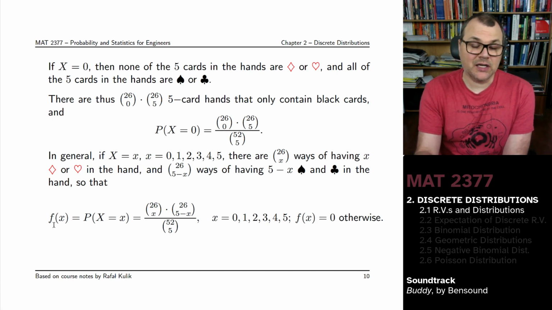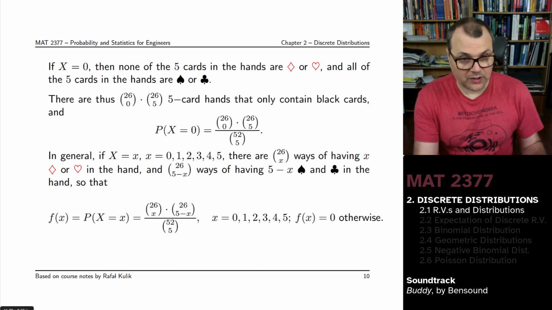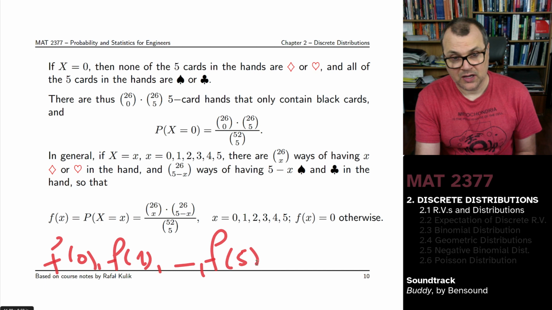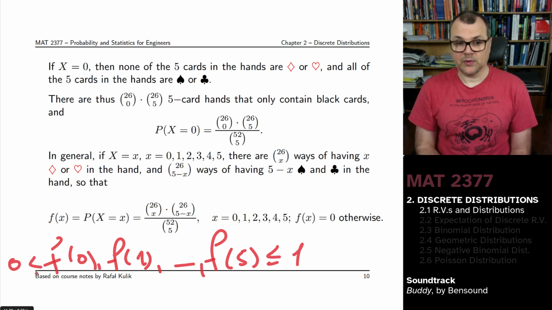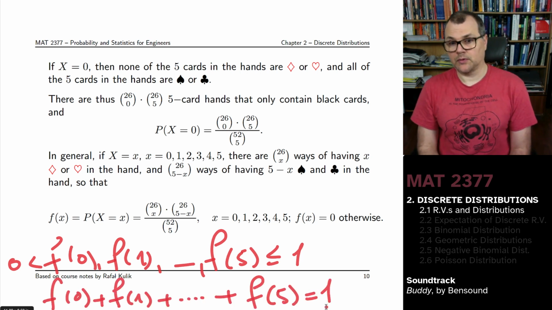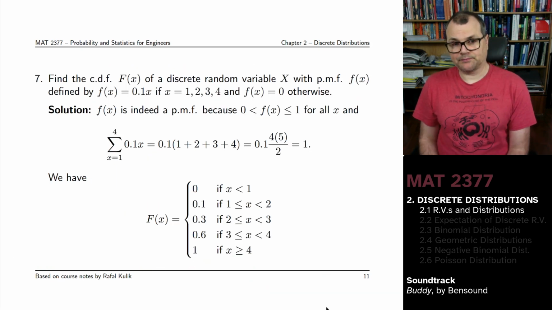If this is indeed a probability mass function, each of the values, f0, f1, all the way up to f5, have to fall between 0 and 1, and the sum of the values has to be equal to 1. That's the only option. You've got to have 0 red cards, 1, 2, 3, 4, or 5 red cards. There's no other possibilities.